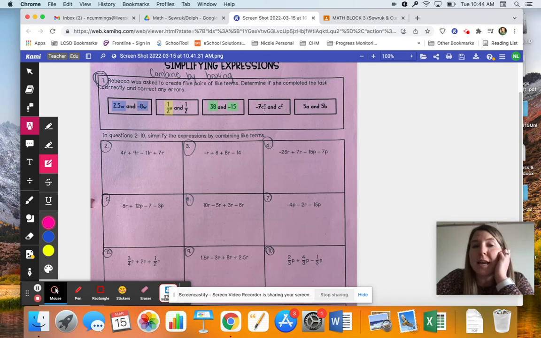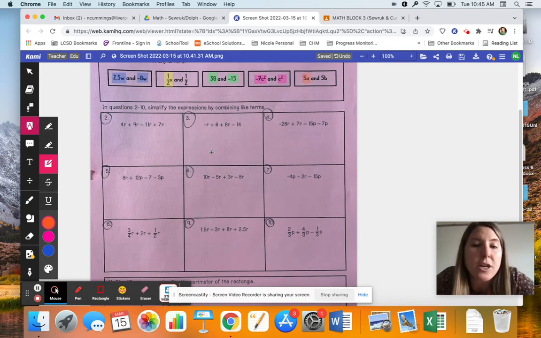I do see that I have 2 common variables and they both have exponents. It's super important that it couldn't just be a c, it has to be c squared. So those are like terms. And the last one, I see that I have a 5a and a 5b. Those have different variables. I'm going to highlight the 5a. The 5b is not correct.